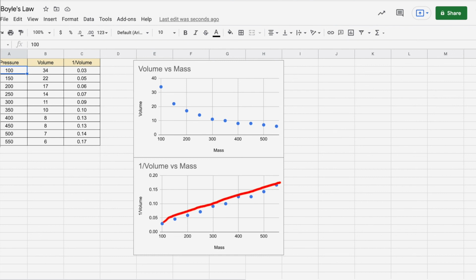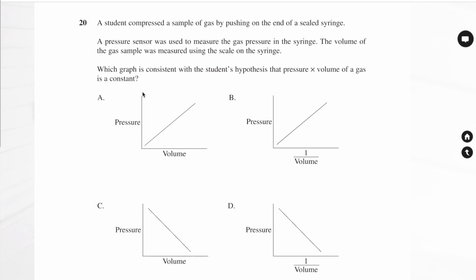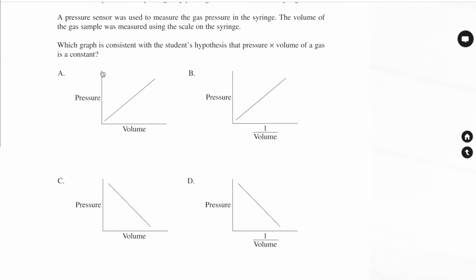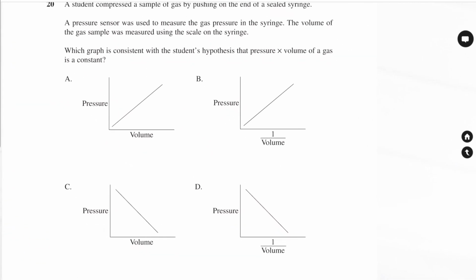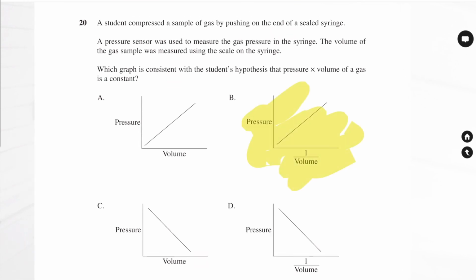This being quite a difficult question, we'll get rid of that. So when we go back and have a look at our question here, we can get rid of those ones there, but in the end, the answer is going to be B.